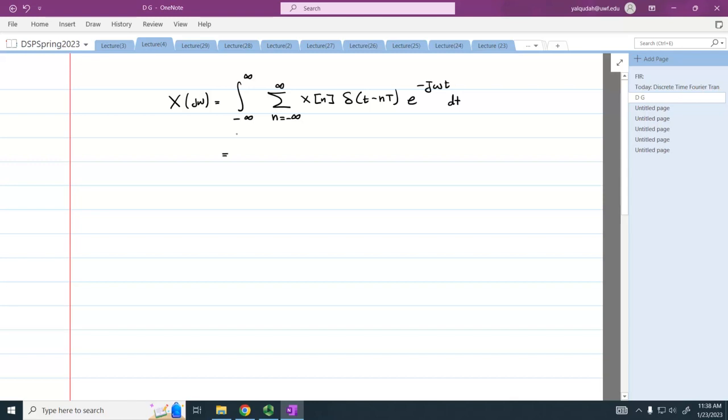Okay. Now we can write this. We have integration and summation. I can swap them. I can write this as the summation from negative infinity to infinity. I can take x of n out, it's not a function of time. And then the integration from negative infinity to infinity, e to negative j omega t multiplied by delta of t minus nT dt.